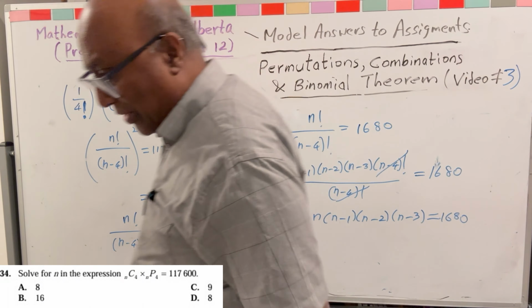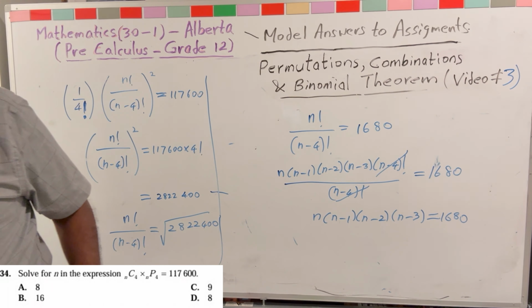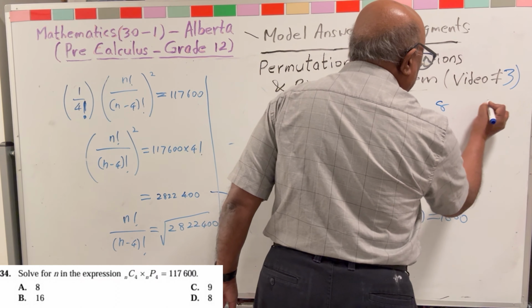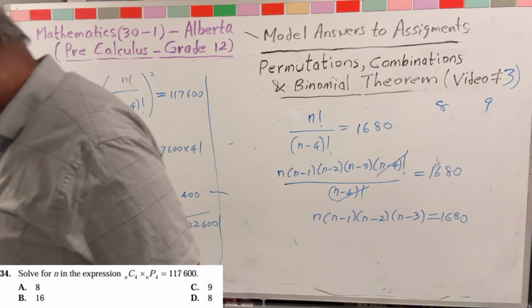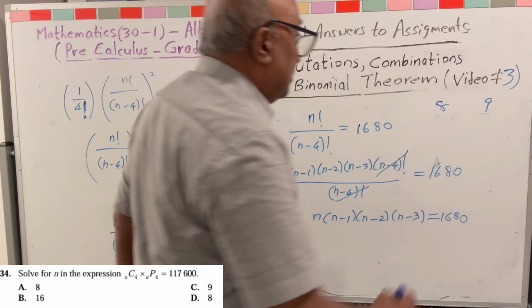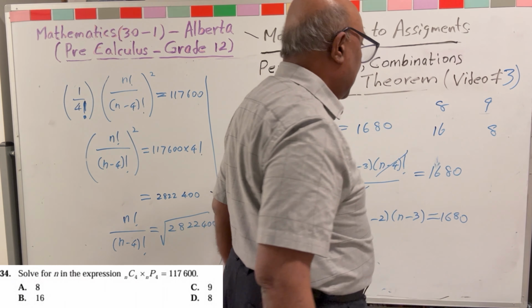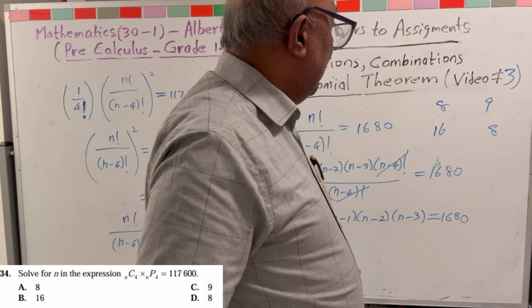What answers have been given? 8, 9, 16, 8. I don't know why there is a mistake, both are 8. That doesn't matter. We can try one number.